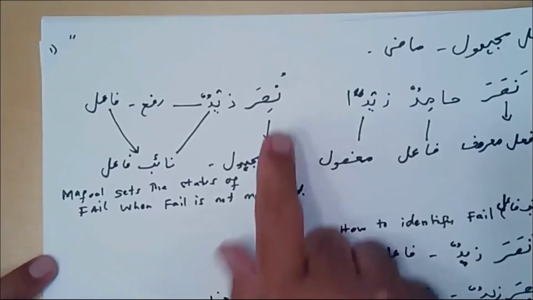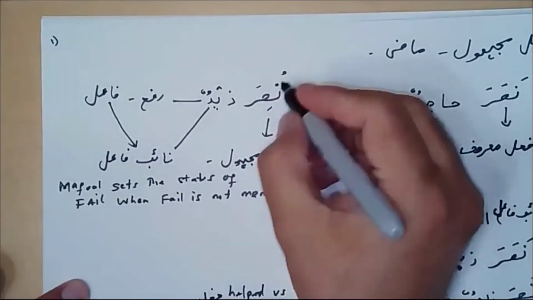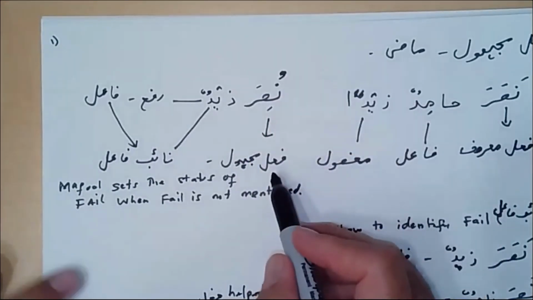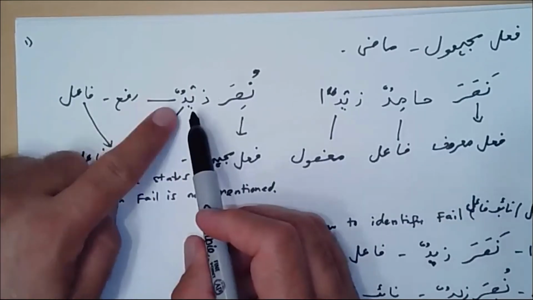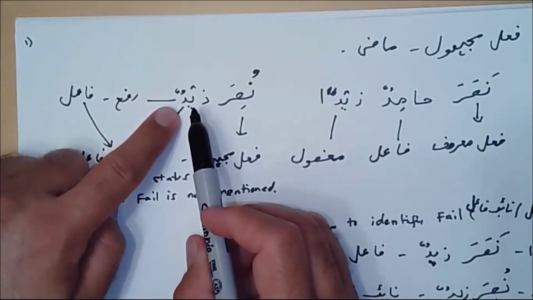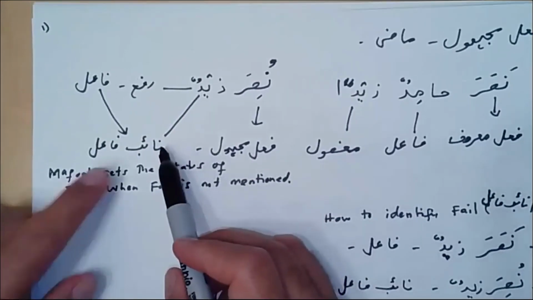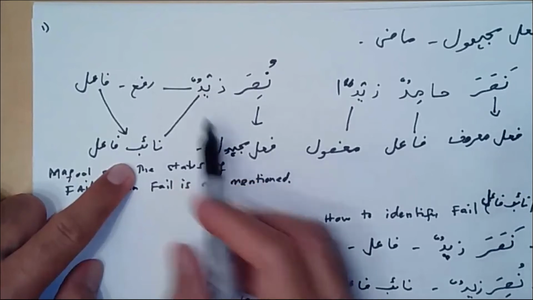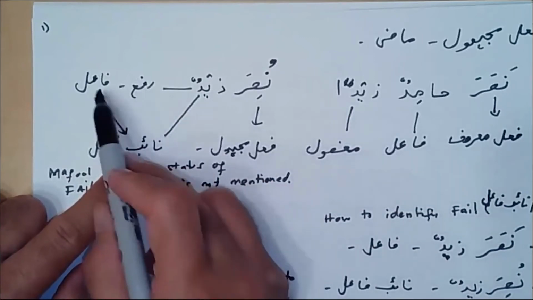Now, if I change the nasara into nusira, then it becomes fi'l majhul, and the file disappears, and the only thing that remains is Zaidan, who was the maf'ul. Now it becomes naib file, so we had to change Zaidan into Zaidun, so it becomes rafa, and rafa is normally file.